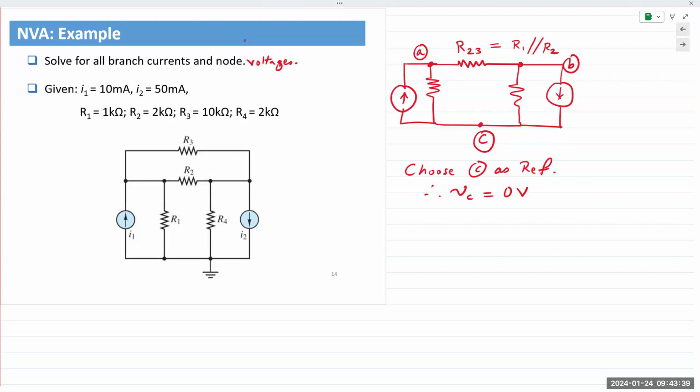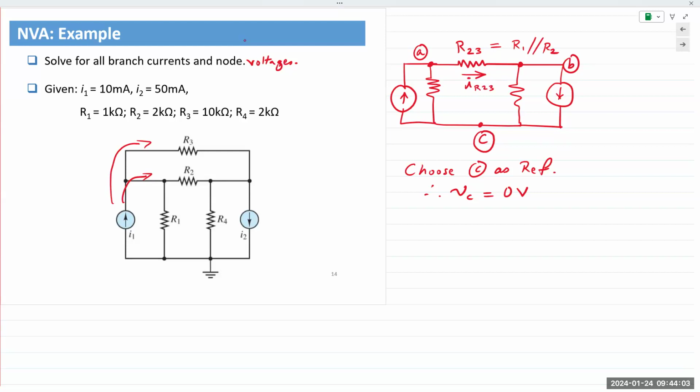Let's solve and find out. I1 is going up in this direction, so I'm going to choose the current flowing through R23 as going from left to right, and I will call it IR23.